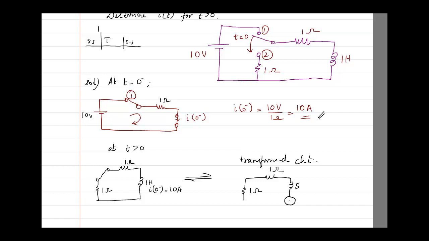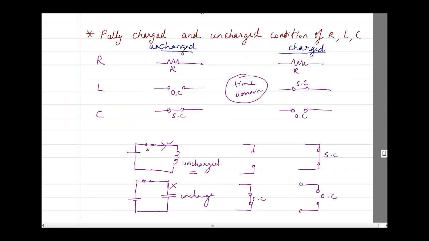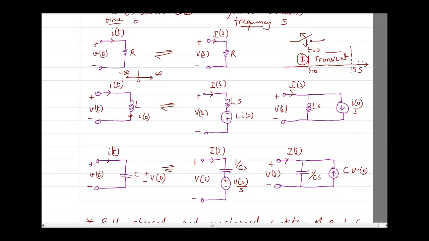For the initial condition of I naught, I will have to draw a voltage source. If you remember, this is where I told that if you replace it with a voltage source, that voltage source is L into I naught. What is the polarity?